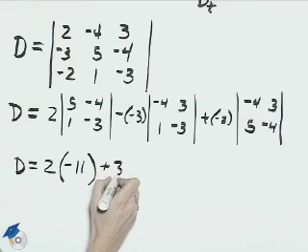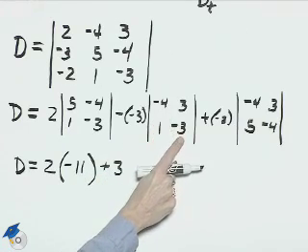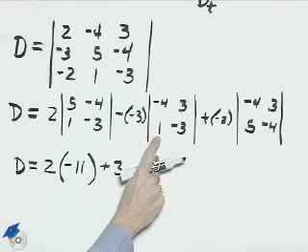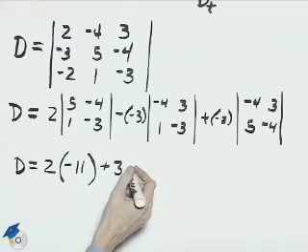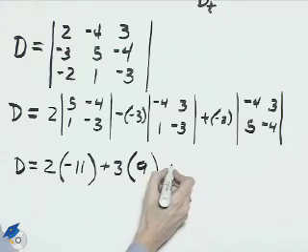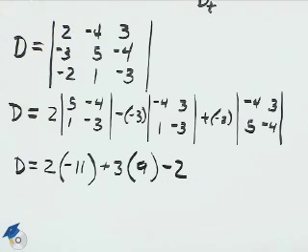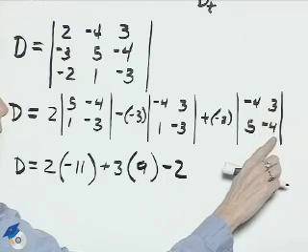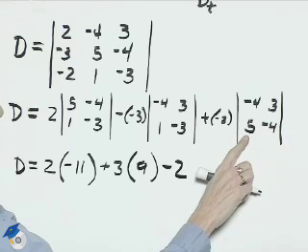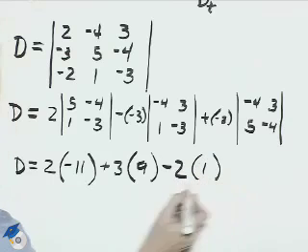Then this will become plus 3 times the quantity, -4 times -3, that's positive 12, and it will be 12 minus the product of 1 and 3. 12 minus 3 is positive 9. Then plus -2 times the quantity -4 times -4, that's 16, and this will be 16 minus 5 times 3, 16 minus 15, and that's 1.